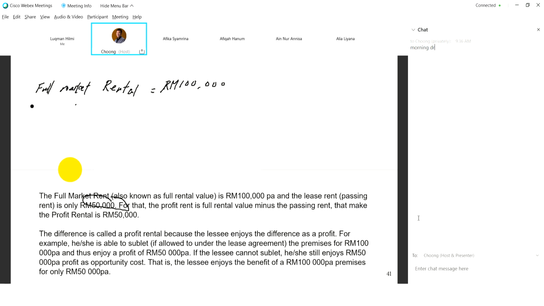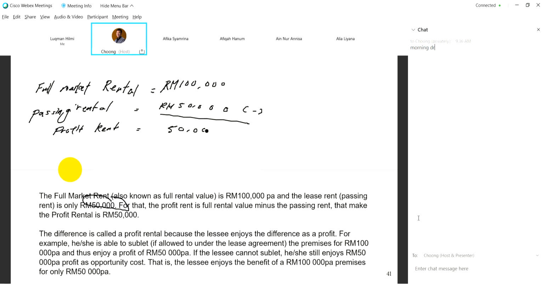So the existing, the so-called passing rent. Sometimes they say the passing rental is 50,000. So your profit rent adalah sama dengan your full market rental minus your passing rental. You get 50,000, right?